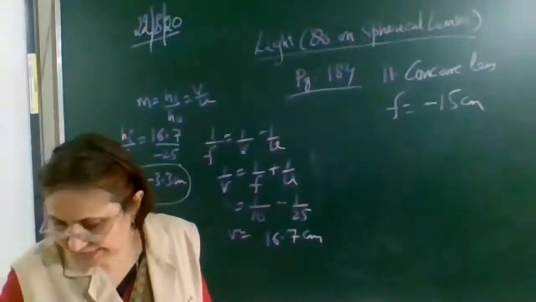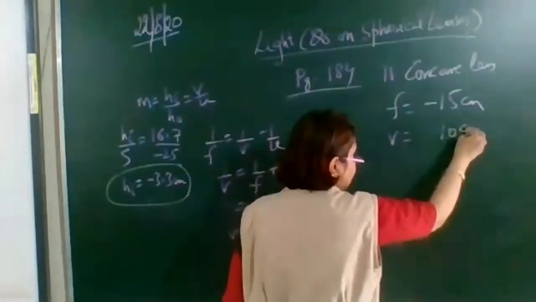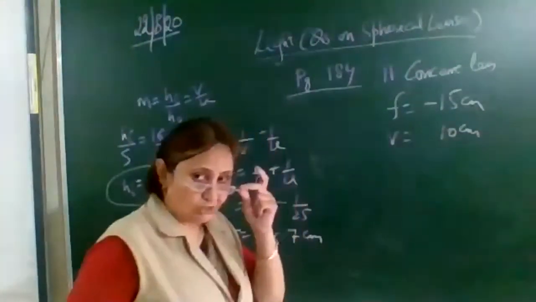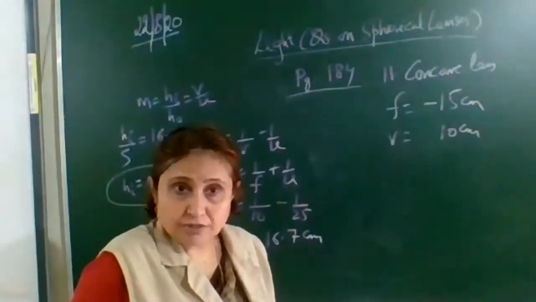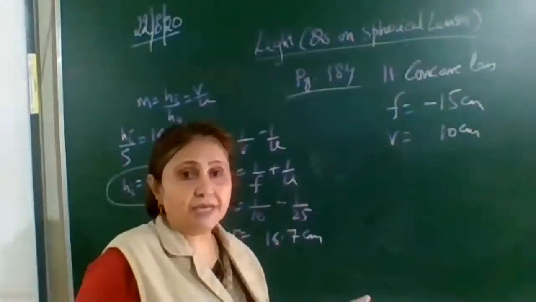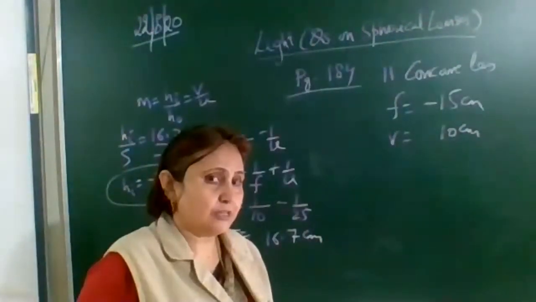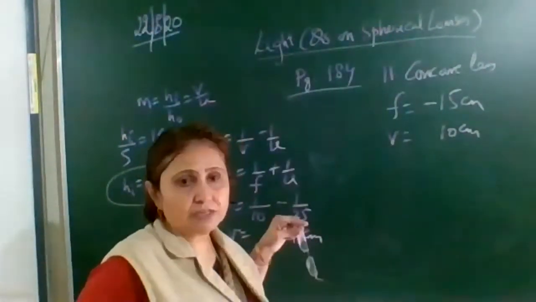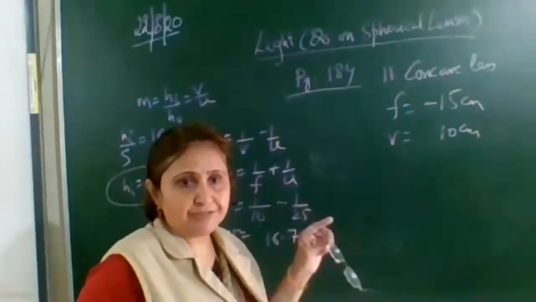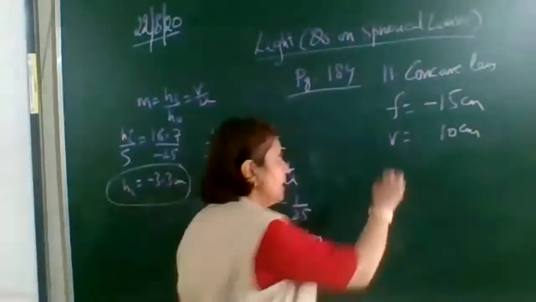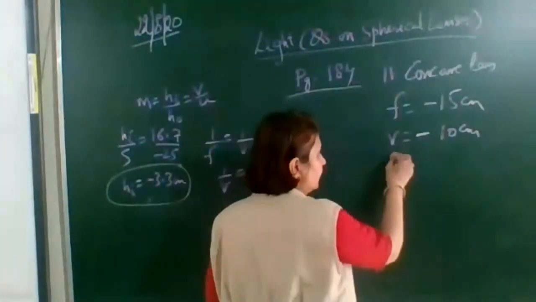Forms an image 10 centimeter from the lens. Image distance is given as 10 centimeter. Now whether to take plus or minus, just think. Concave lens always forms the image to the left of the lens, that is where we have placed the object. So from the optical center to the image distance, we are moving towards left, we are moving towards the negative axis. So the image distance will be minus 10 centimeter as it's a concave lens.